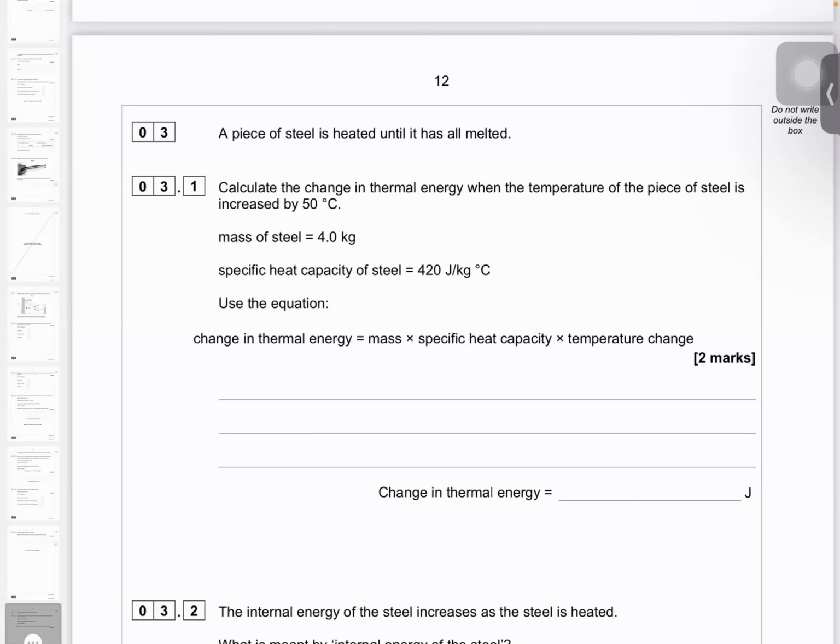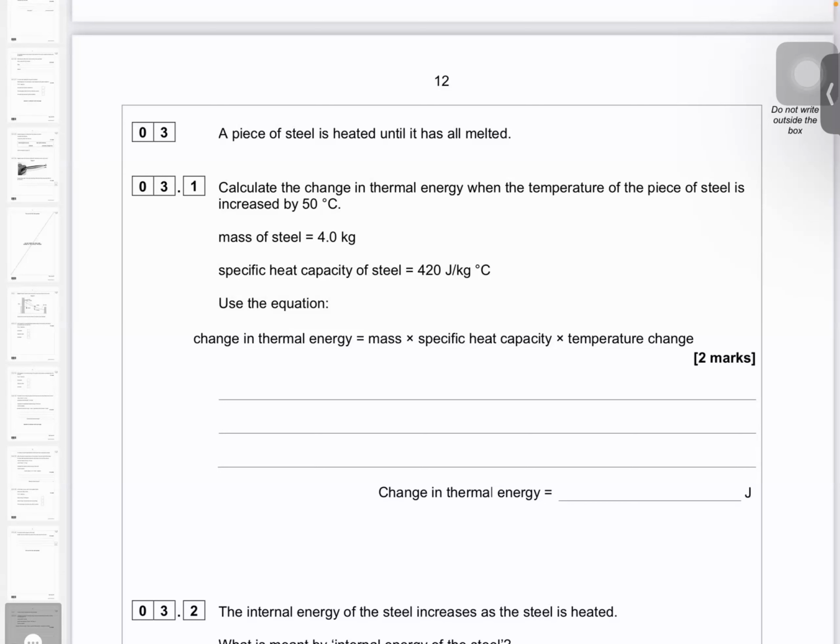So all you need to do is to multiply 4 by 420 and then multiply by 50. Now take note, the reason why we're multiplying by 50 is because they told us that 50 is the temperature change. Usually temperature changes are measured as differences between the temperature at a lower temperature and the same temperature measured at a higher temperature.